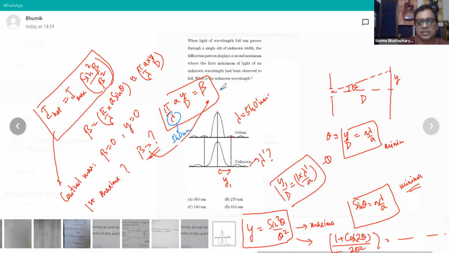So you'll be able to compare this equation with the earlier equation that we had seen, the first one's minimum. Because this will be the same y1, but this is giving you the condition for maxima, and this is giving you the condition for the first minima. So you'll be able to get the ratio of the lambda and lambda prime. Is it clear, Bhumik?